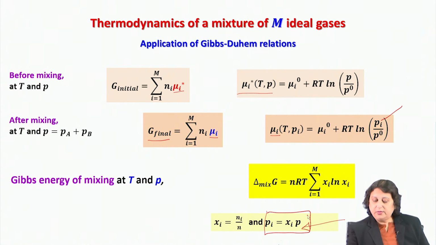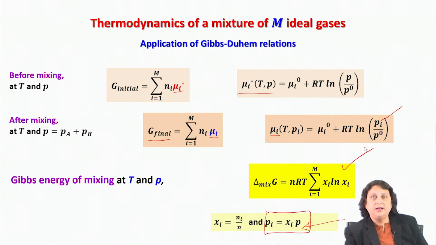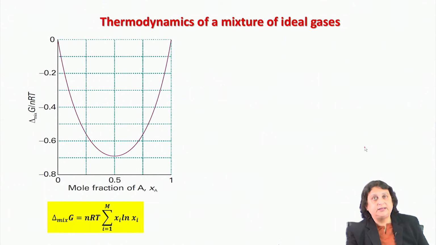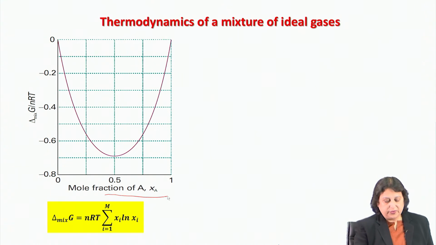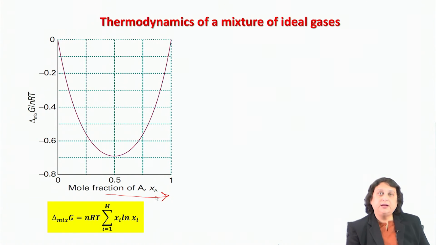Now, this particular expression, as you see here, is a usable expression for any given mixture of ideal gases, provided you know the total number of moles and the mole fraction of each individual component in the ideal gas mixture.